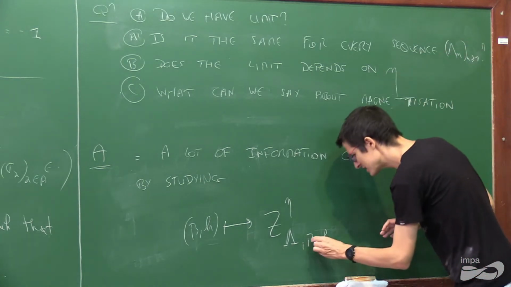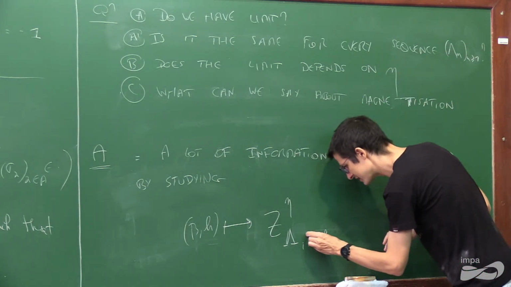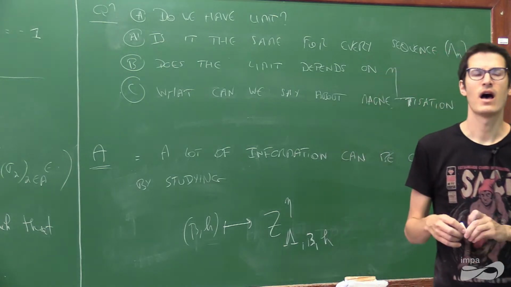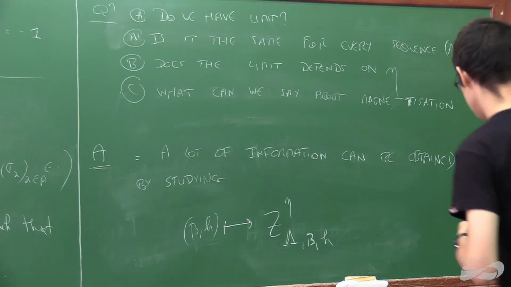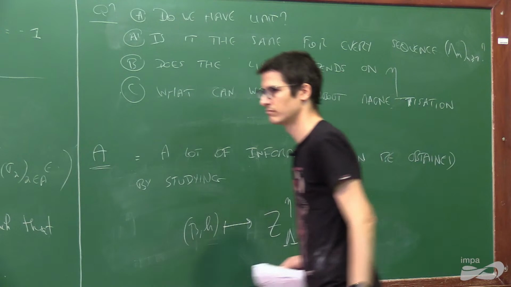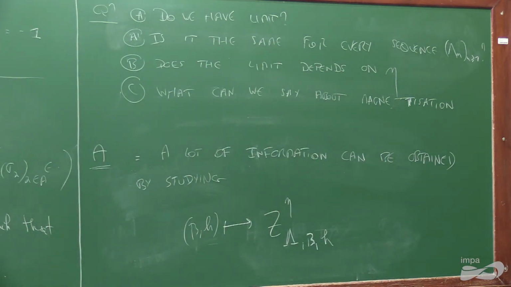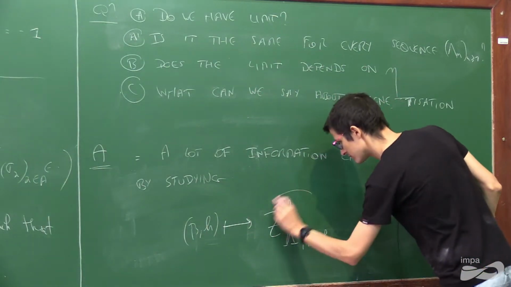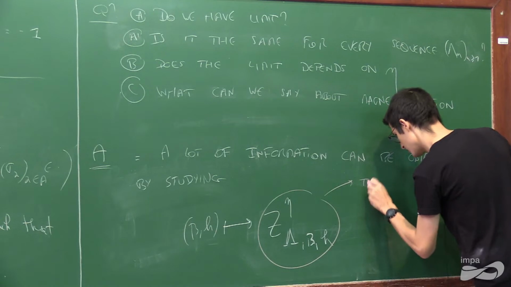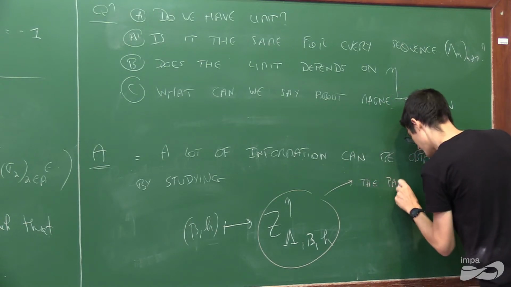More precisely, what you have to look at is how this thing varies when beta and h vary. This is what's called the partition function.